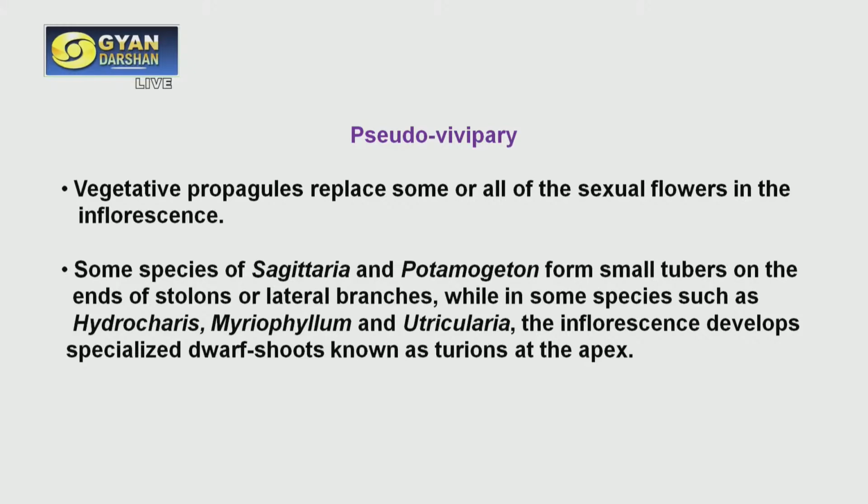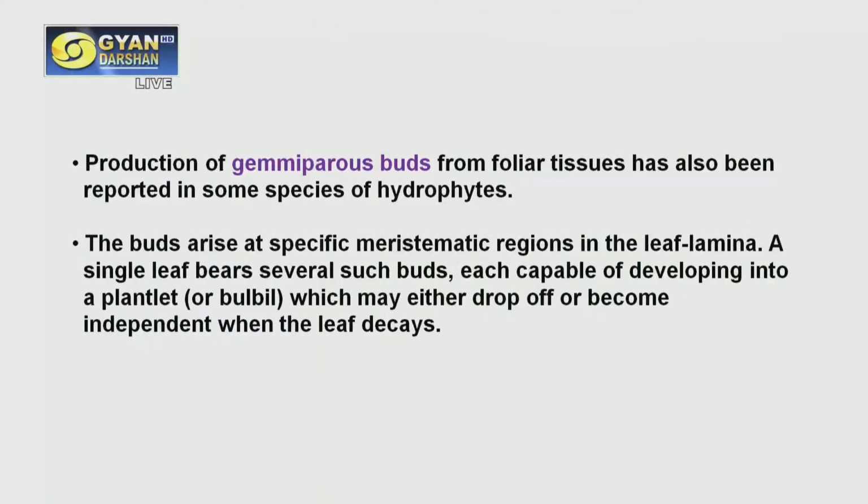These structures actually help the plant in vegetative propagation. Gemmiparous buds develop from the foliar tissues, and this also has been reported in certain hydrophytes. So the take-home lesson is that sexual reproduction is almost rare. The chief method of reproduction is vegetative reproduction.